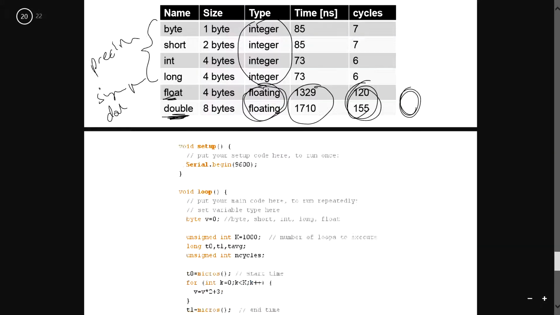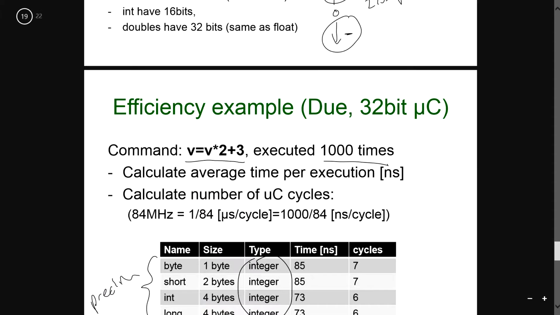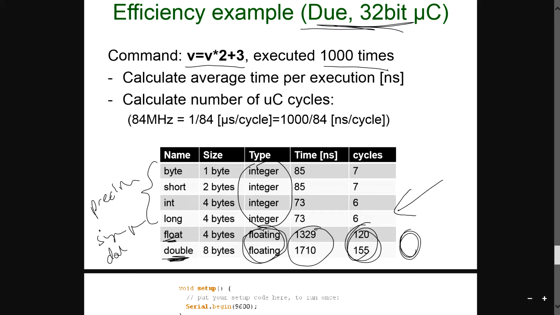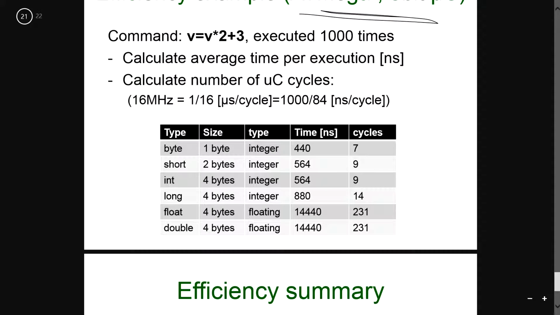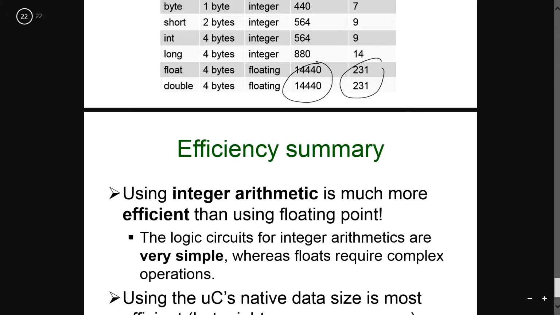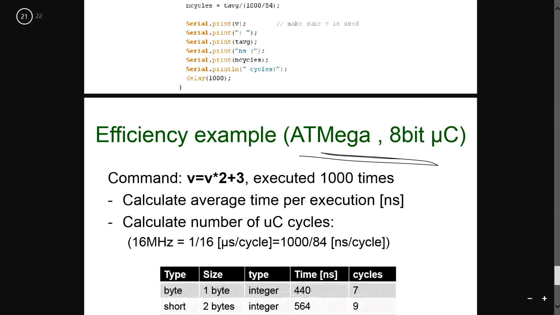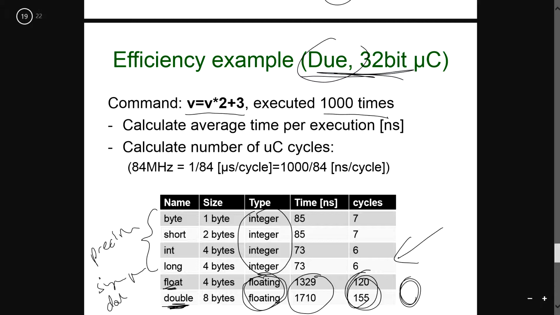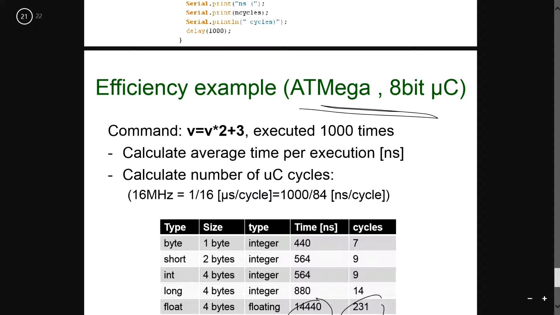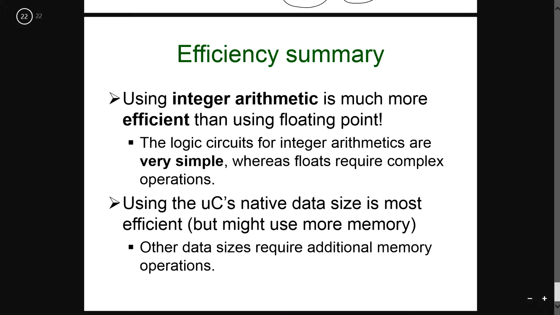And then they actually used it on the Due, a 32-bit board, so you have this outcome. If you were to use the Mega, which is an 8-bit system, you take more cycles and more time. So they compared the Due 32-bit and the ATmega 8-bit.